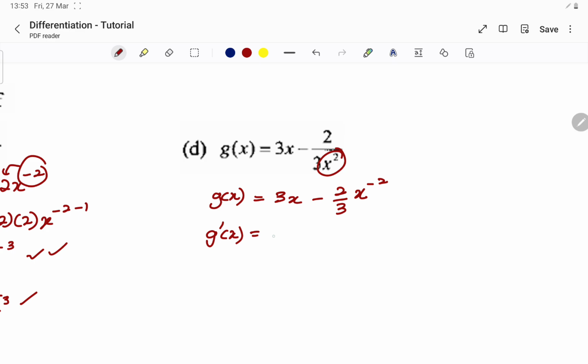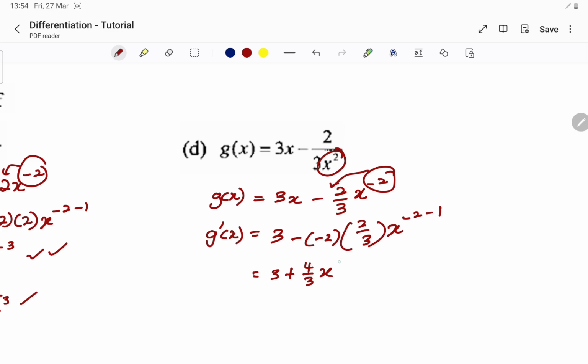3x when we differentiate becomes 3. And then negative 2 over 3x to the power of negative 2. Negative 2 you bring in front, you're going to get negative 2, and then you have 2 over 3 you maintain, and then x to the power of negative 2 you maintain but minus 1. So 3 minus, and then you have 2 here, right? So this negative becomes positive, 2 multiplied with 2 over 3 becomes 4 over 3.